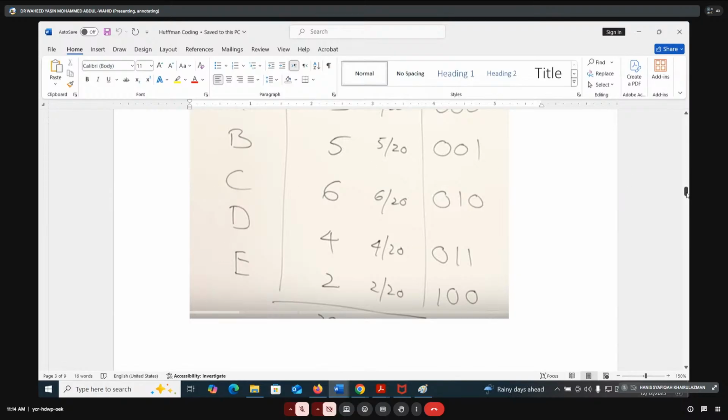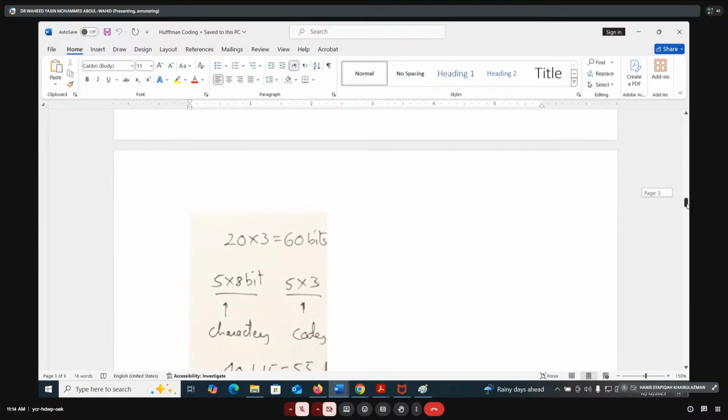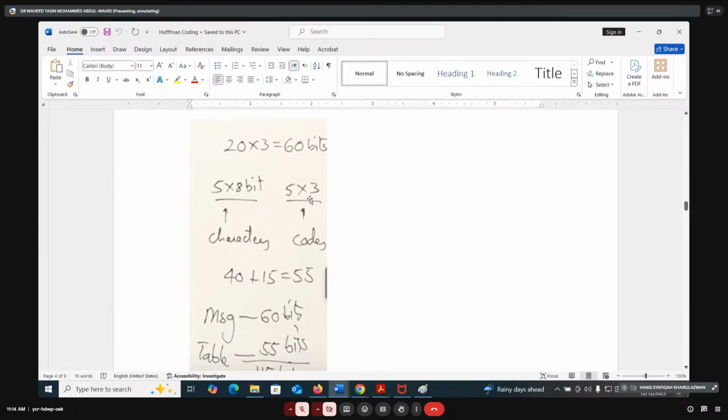So I represent them using ASCII, 8 bits. So here, 5 characters multiplied by 8, and for representing the codes, 5 multiplied by 3 for the code.